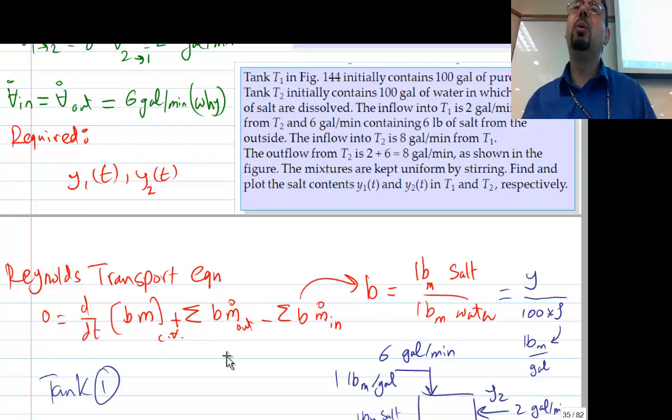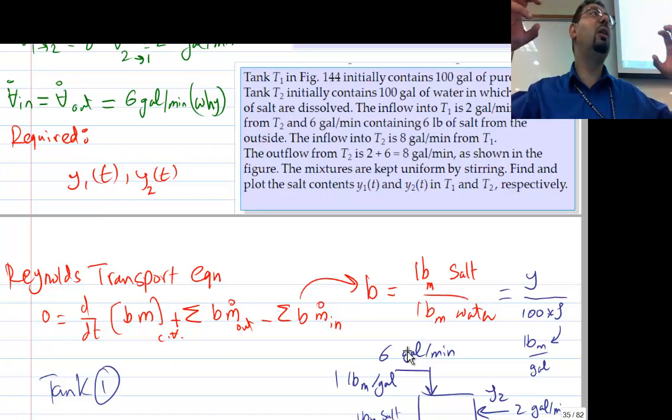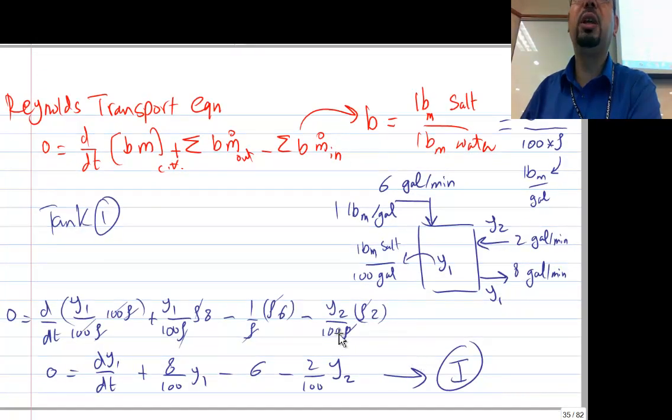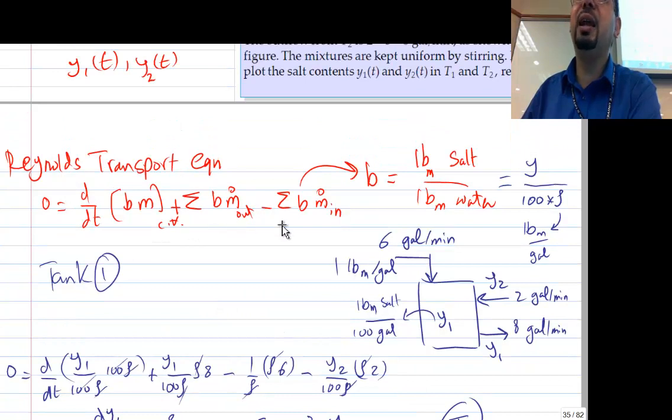But why is it written in that way? Because that is the general form that can be written for any property: momentum, energy, mass. But you can simply look at it as m dot in minus m dot out is d by dt of the mass of the salt inside the tank.